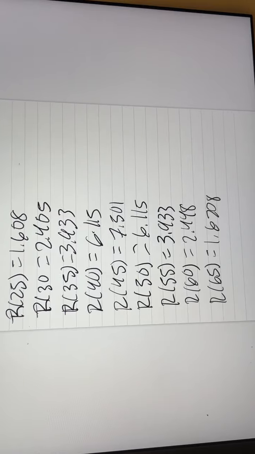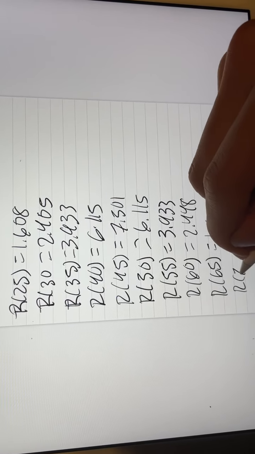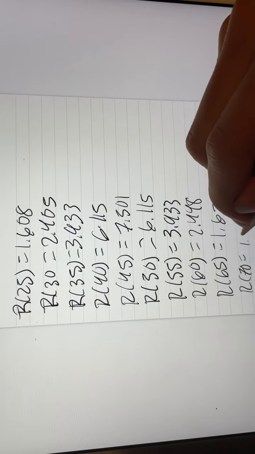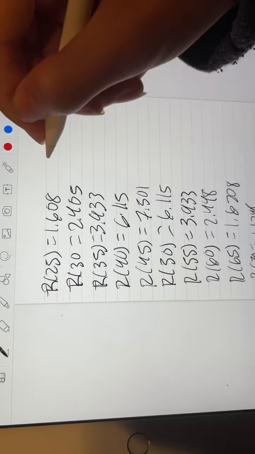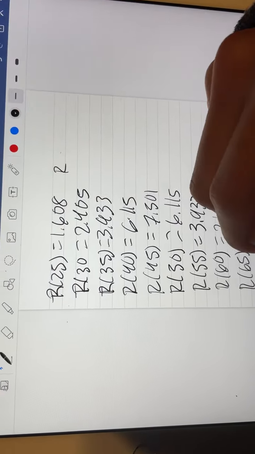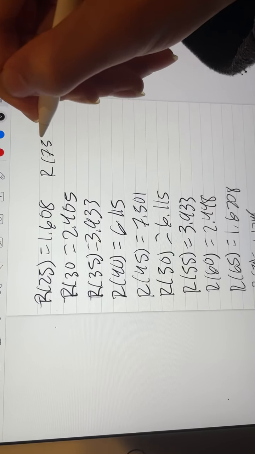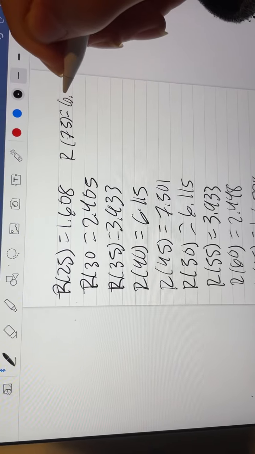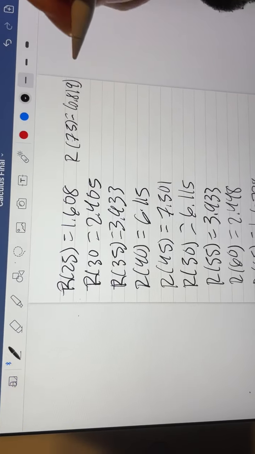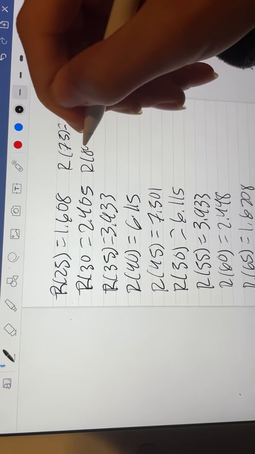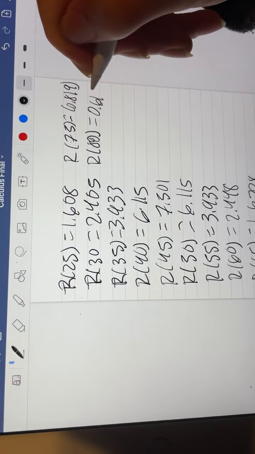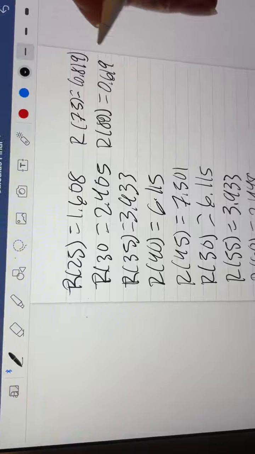Sorry about that. So that'll be R70, equal to 1.1248. And then R75 would equal 0.819. And then R80 would equal 0.619. Okay.